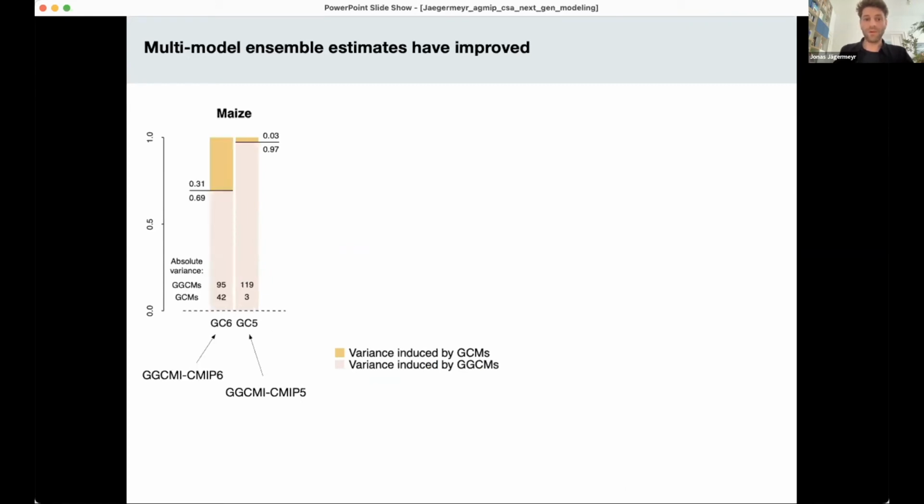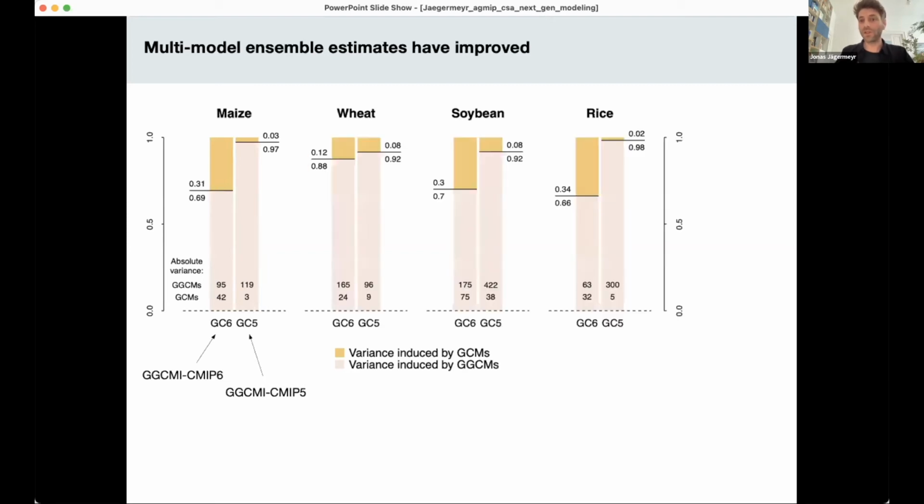Now in the new ensemble, the response is more balanced in terms of absolute variance, but also in relative terms, which is good. And it is consistent across crops. So now about a third of the uncertainty is associated with the climate models and two thirds with the crop models or impact models, if we can generalize.